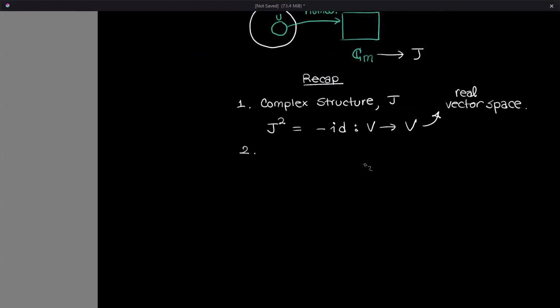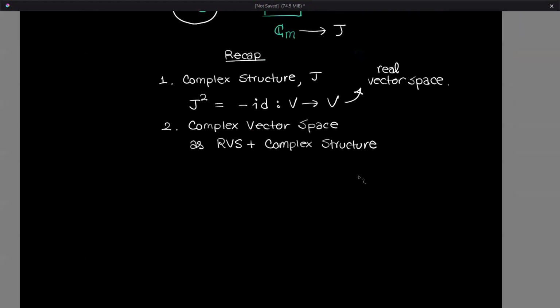And then we defined a complex vector space as a real vector space plus the complex structure. So if the real vector space admits a complex structure, then the real vector space turns into a complex vector space.